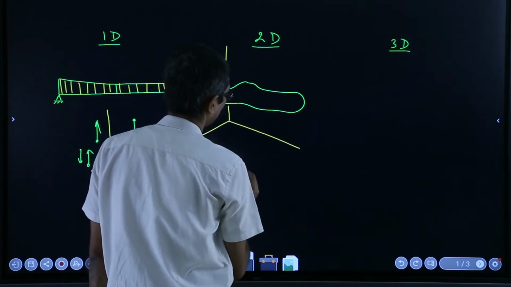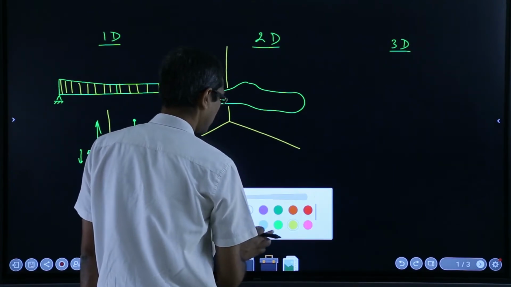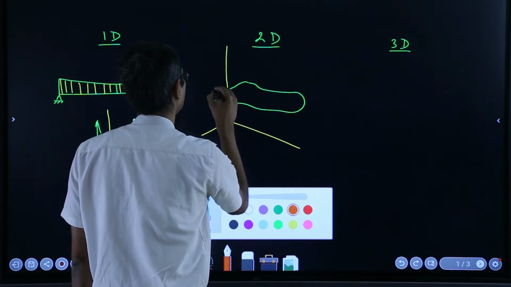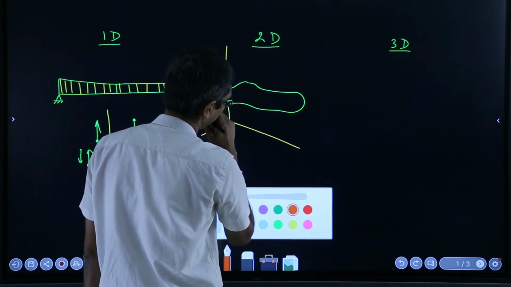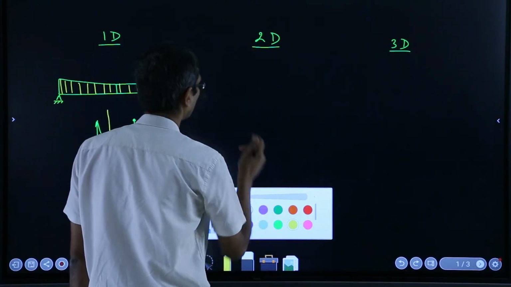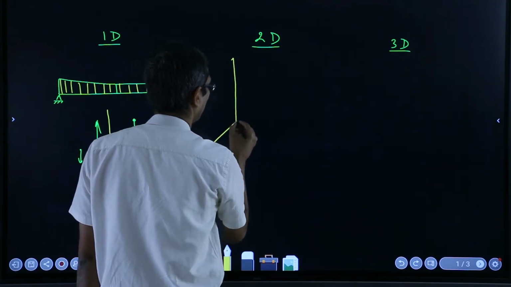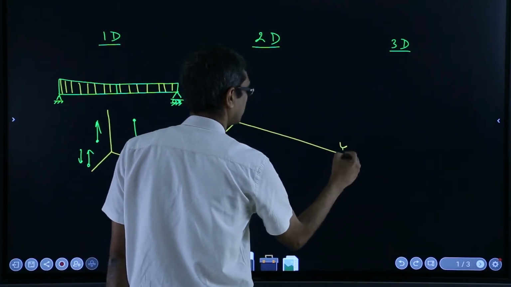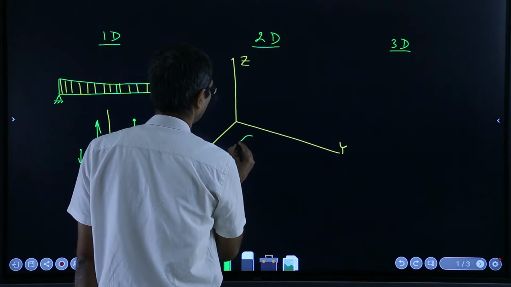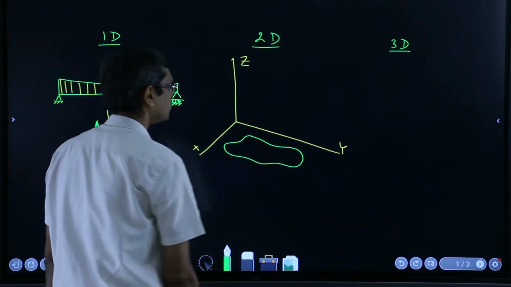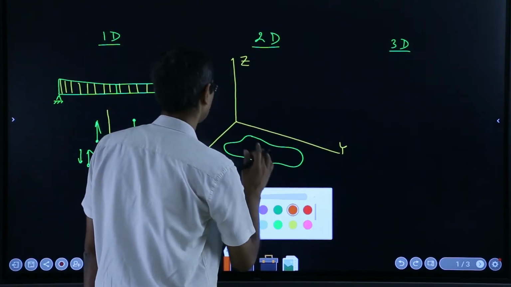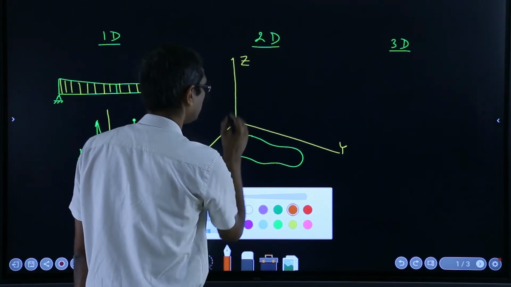Let me draw the axes, say x, y and z, and then on this xy plane let me draw the surface, so that it will be much clearer. And then on this surface assume that there is a distribution of forces.